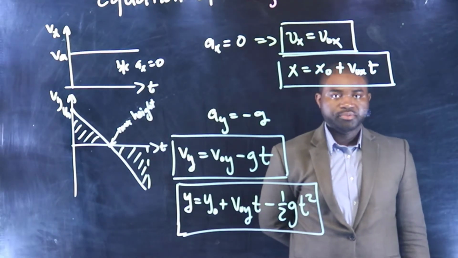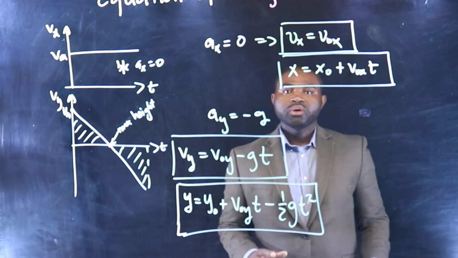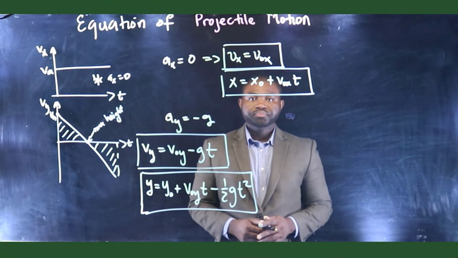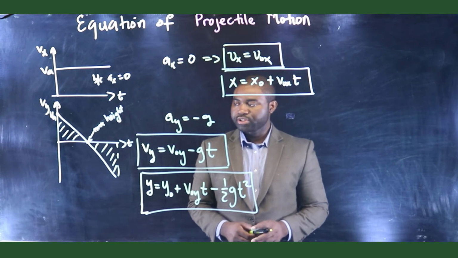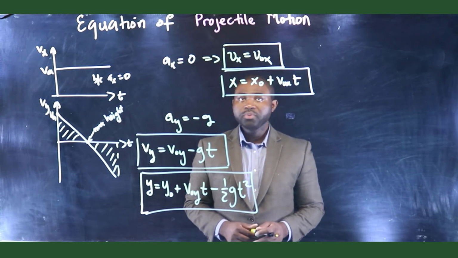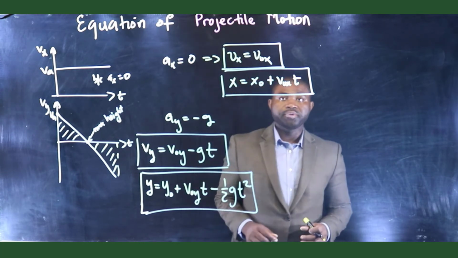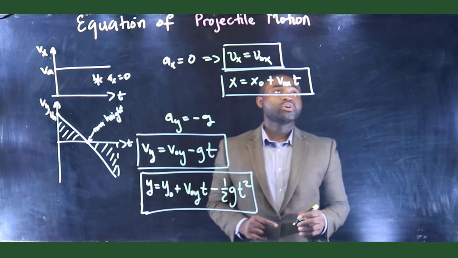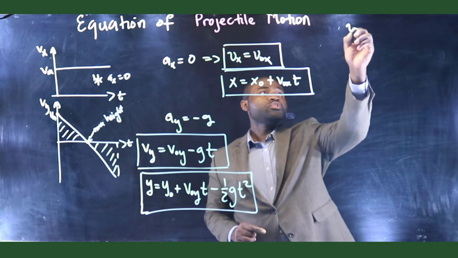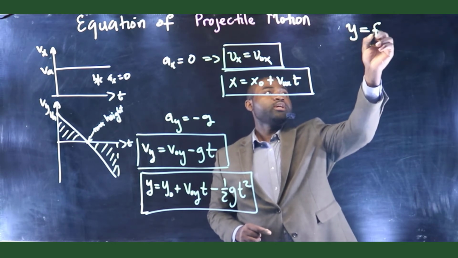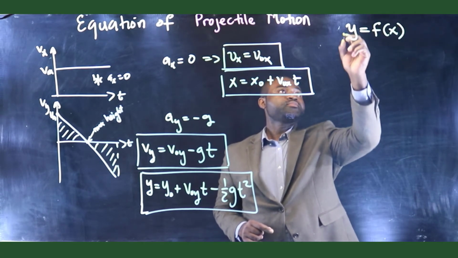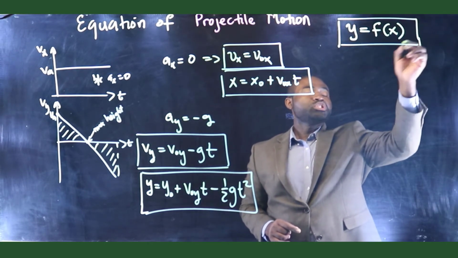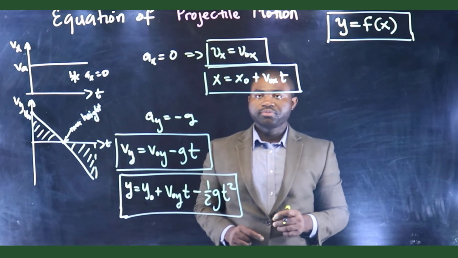So the next thing for us to do is to derive the equation of motion of projection. So let's start here. The equation of trajectory is a function, y expressed as a function of x. This defines the equation of motion of a projectile.